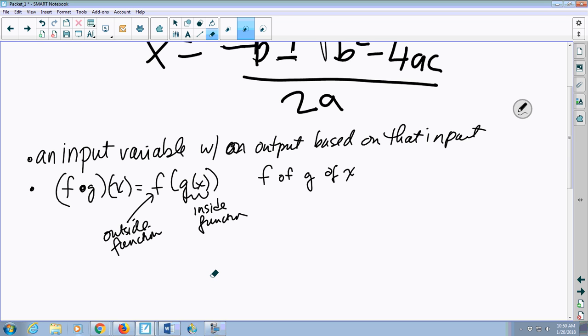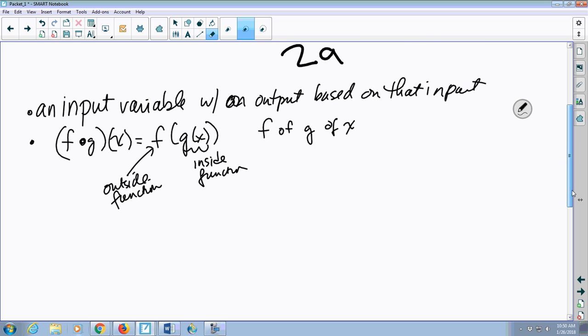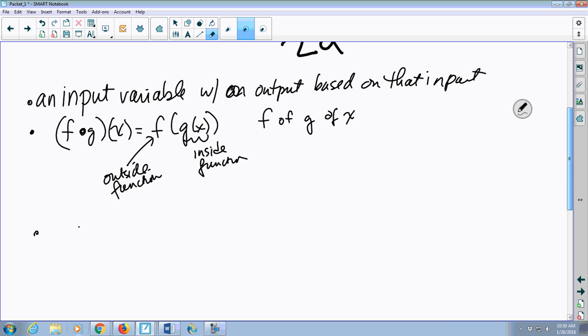Okay. Table 3. Okay, so all right, inverse functions, the what swap? Y and X swap places. Okay, Y and X swap.